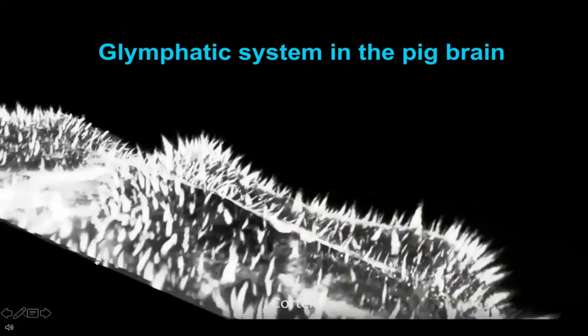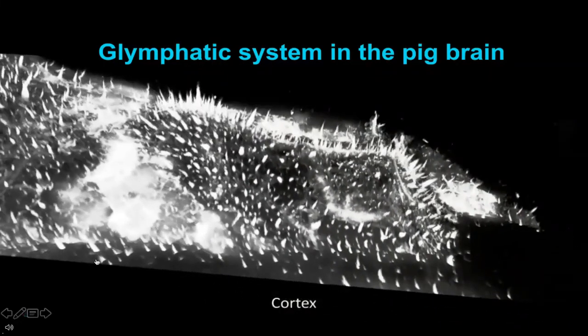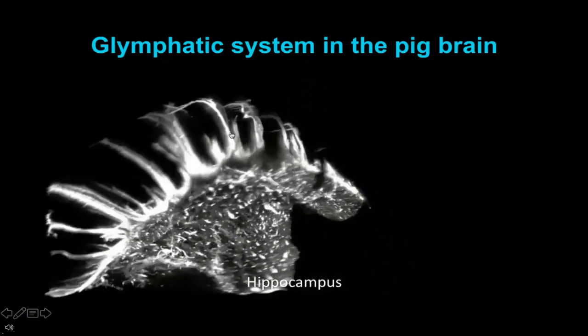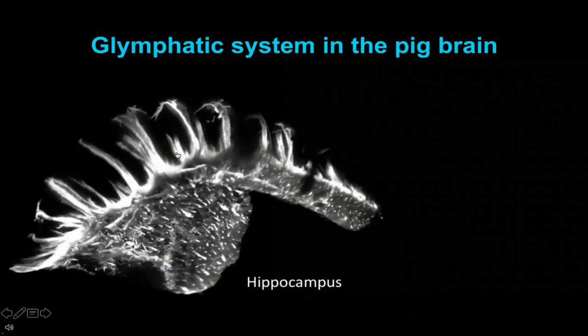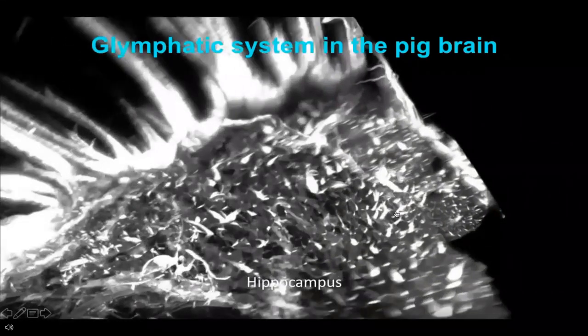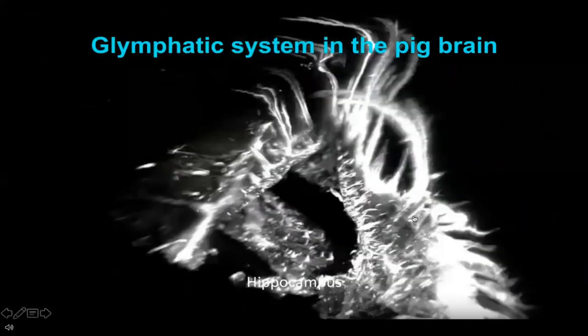Into the brain is up in this direction. So that's the cortex, and then in the hippocampus, we see here some larger vessels where the CSF tracer was able to move much further than along the smaller caliber blood vessels.